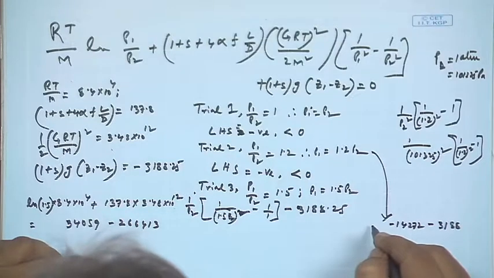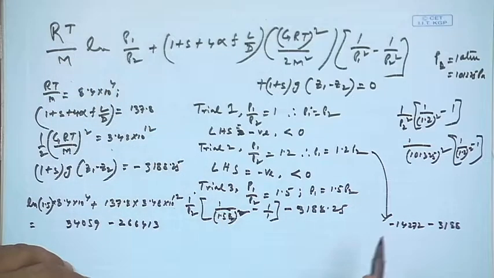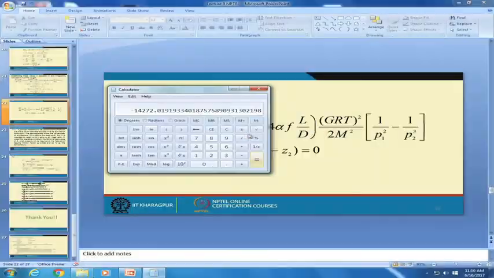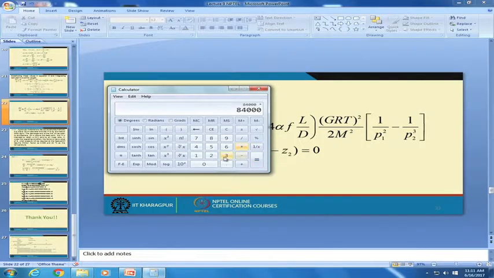and this was 3188, and this was RT by M, it became 8.4 10 to the power 4, is equal to 84000. Okay, this into ln of 1.2, ln is 0.